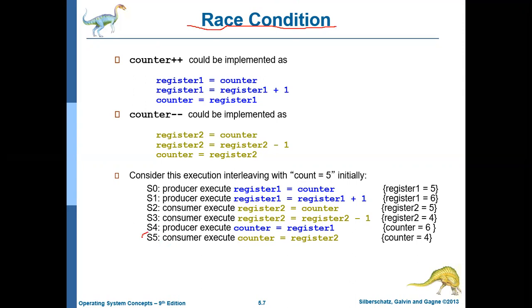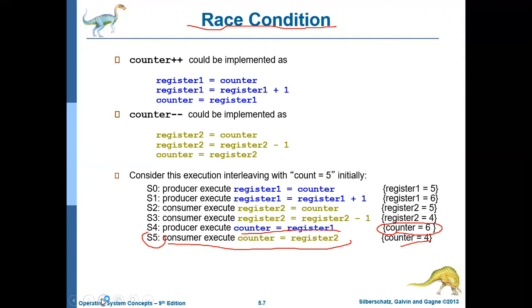If S5 executes at last, then counter will end up with 4. If this instruction executes at last, then counter will end up with 6. So whichever instruction executes at last will decide the value of the counter.